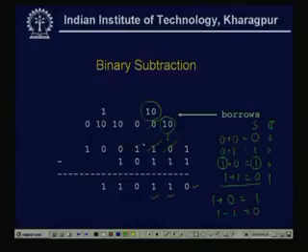So this becomes 0. Now see that 0 and 0, so 0 minus 0 is 0. Actually here it is not a borrow. 0 minus 0 is 0, there is no borrow.